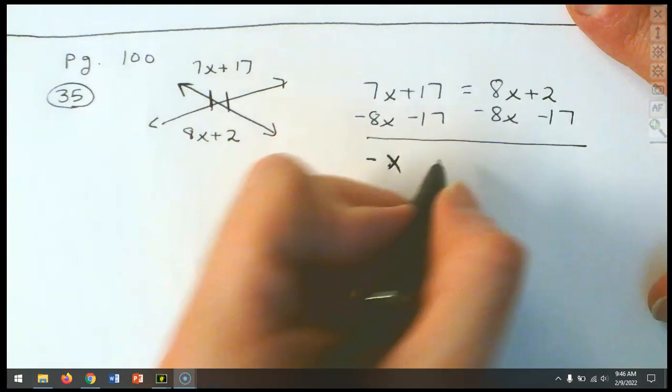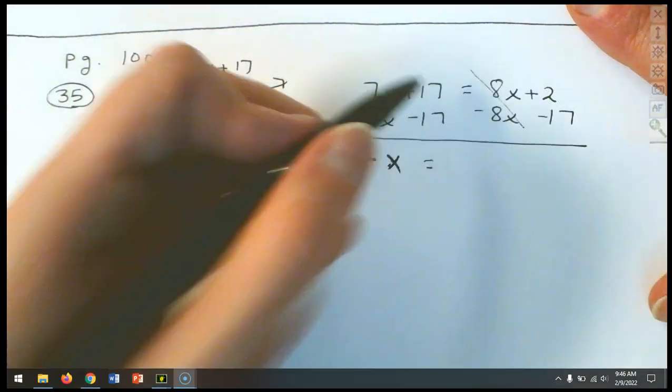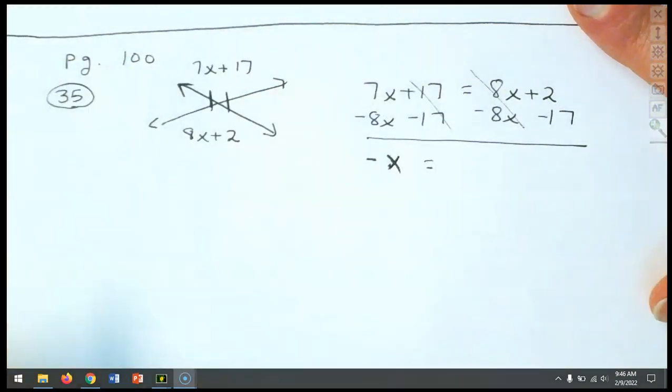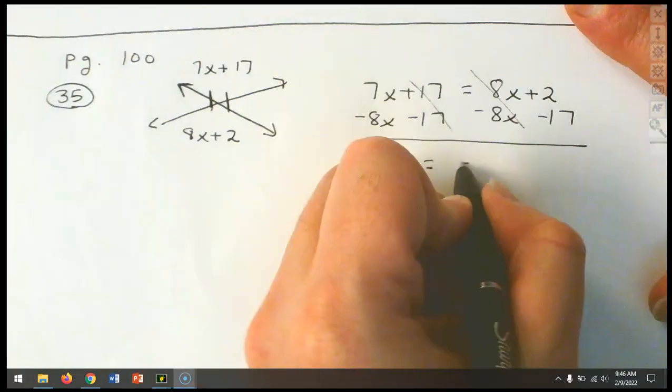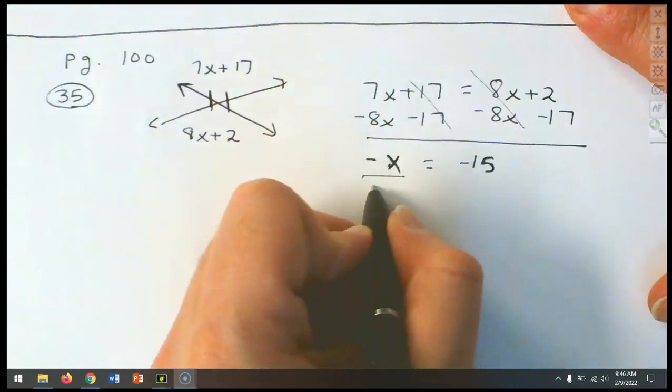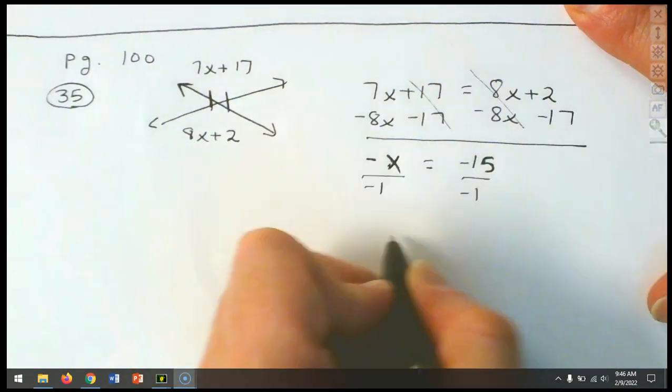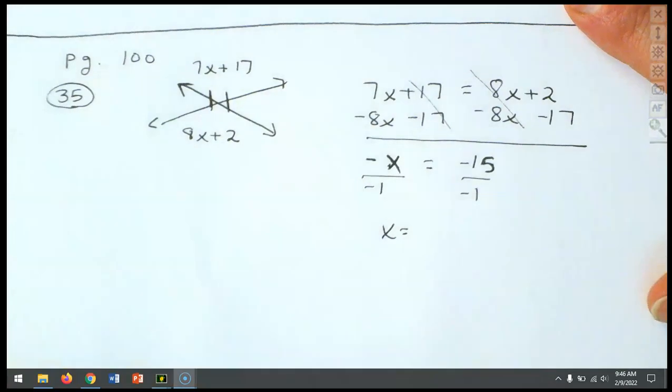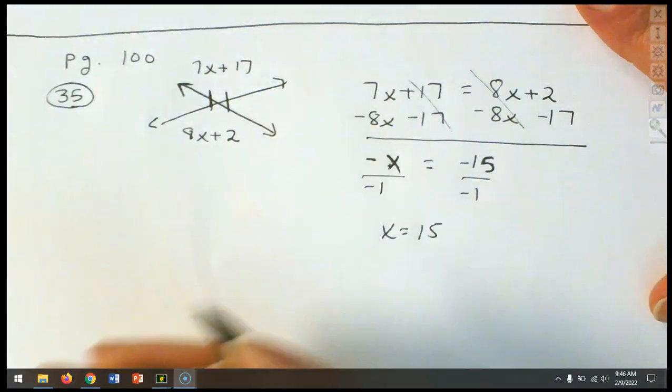The 17s are gone, the 8x's are gone, right? And we've got 2 minus 17. That makes it a minus 15. Divide by your negative 1. And now we've got x equaling 15.